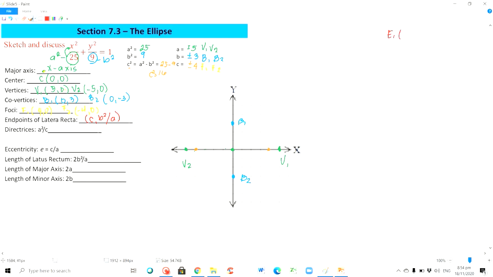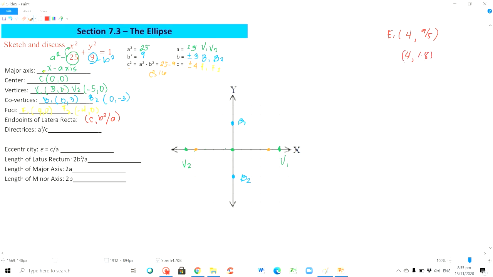E1 is, what is your C? 4. And b squared over a is 9 over, ano yun? 9 over 5. Yan. So, for E1, so, magiging 4 and 9 over 5, 1.8.